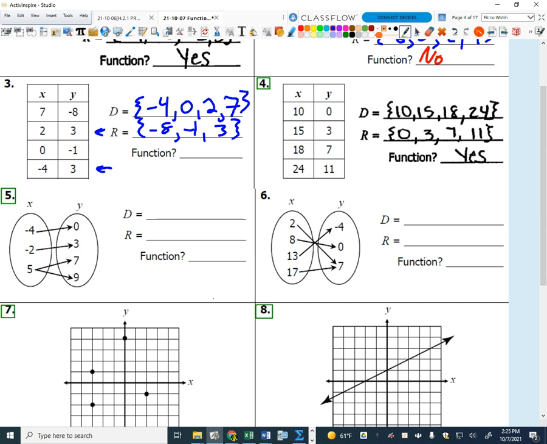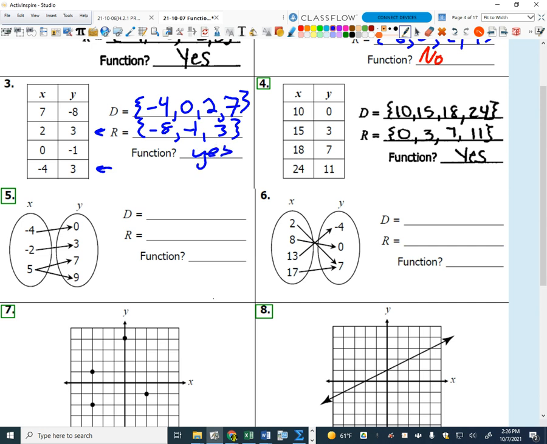There's no rule that says I can't have the same output occur more than once. The rule is I just have to have one output for each input, right? Well, there is no input value that gives me multiple outputs. So we're okay. That's okay to do. It's okay that the output of 2 is 3 and the output of -4 is 3. It still passes the function test. So yes.